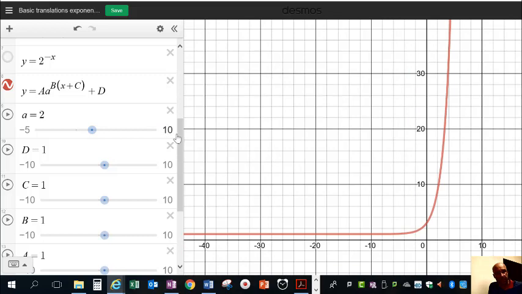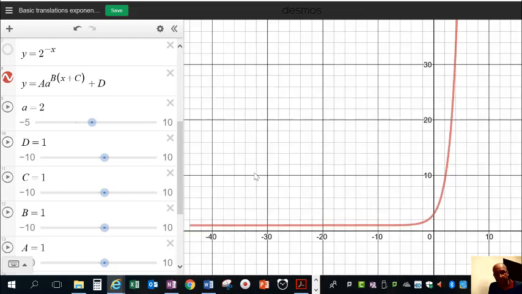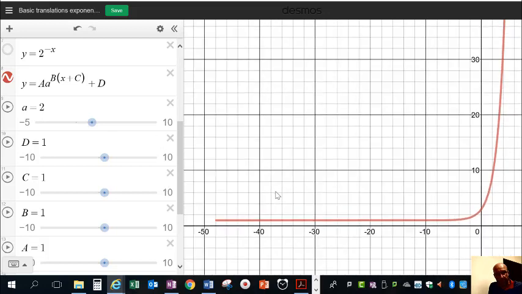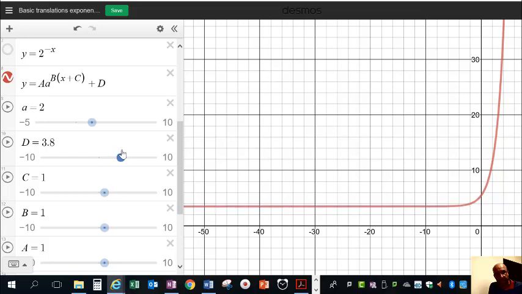So this is a base of 2, 2 to the power whatever is what we're dealing with. Let's look at these one by one, starting with a fairly easy one first, d. We can see that this has an asymptote which approaches the x-axis, which is y equals 0, because d equals 0. As we increase d, it lifts the whole curve up, so it's a vertical translation, and the value of the asymptote is the same as the value of d.